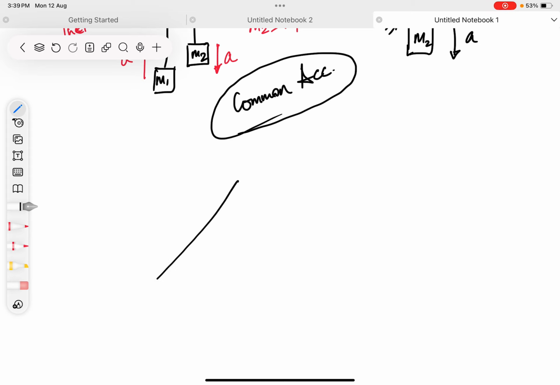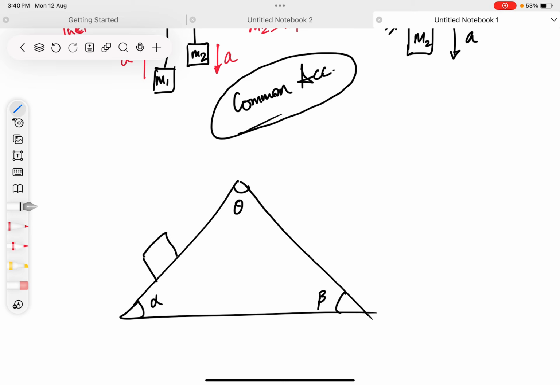For example, what about this case? Let's say that you have M1 and M2, and all the surfaces are smooth, and we let go of the system.